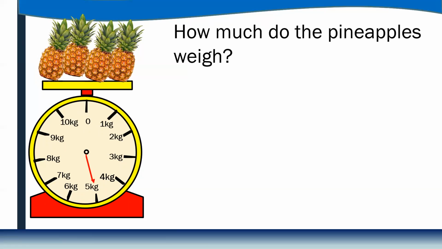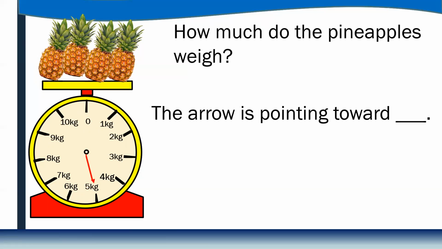Next, I want you to look at these pineapples and tell me how much they weigh. Wow, boys and girls, I like that. Again, to tell how much these pineapples weigh, we look at where the arrow is pointing on the scale. Can you tell me where the arrow is pointing, boys and girls? Great. The arrow is pointing towards 5 kilograms. Now, kg beside each number means kilogram.